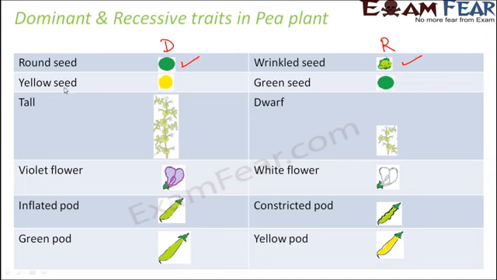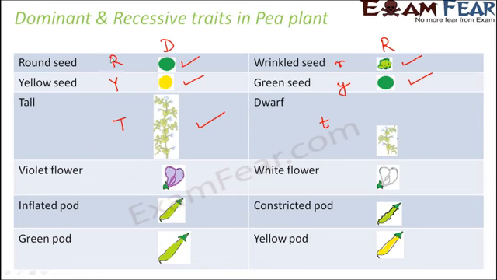Similarly, for seed color, yellow is dominant and green is recessive. For height of the plant, tall is dominant, generally denoted as capital T, and dwarf is denoted by small t. Round seed is denoted by capital R, wrinkled seed by small r. Yellow seed is denoted by capital Y, green seed by small y.